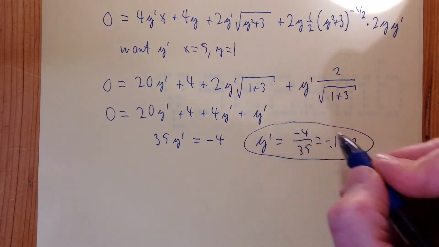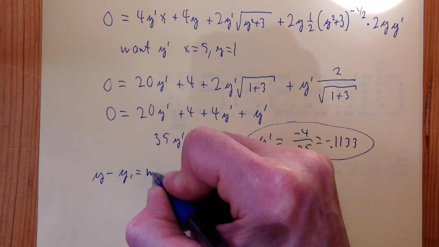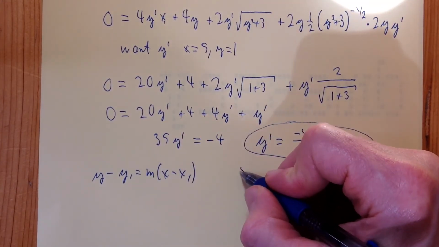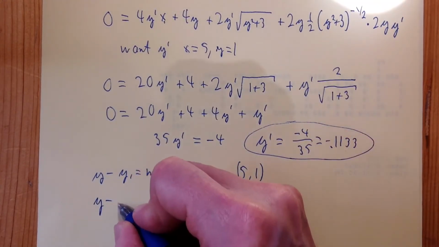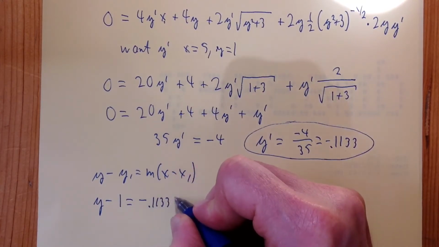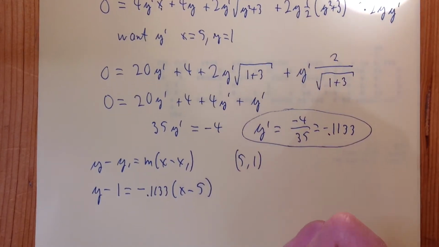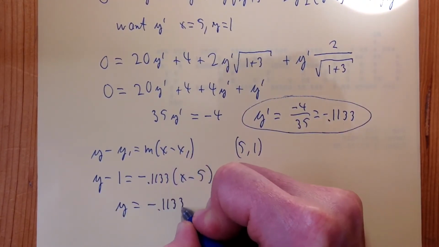So now we just do our y minus y1 equals the slope times x minus x1. And again, our point was 5, 1. So y minus 1 is equal to our slope, negative 0.1133, times x minus 5, or y is equal to negative 0.1133x.